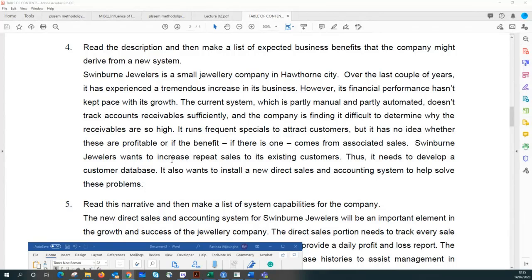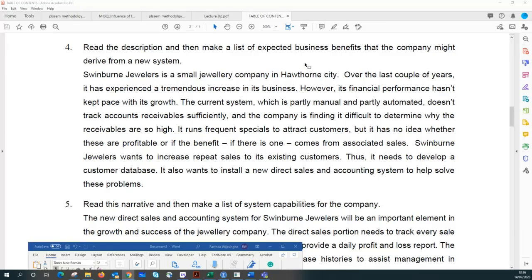So obviously we can get a better idea of how the financial performance works.